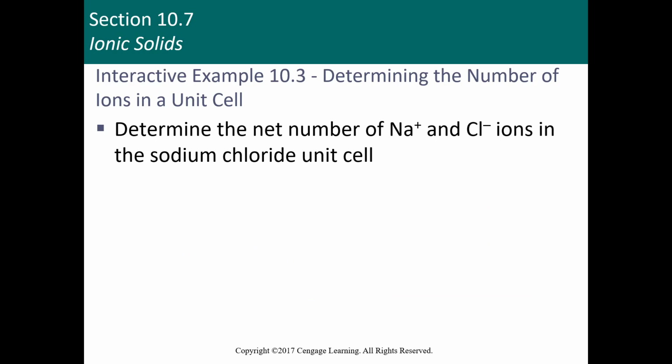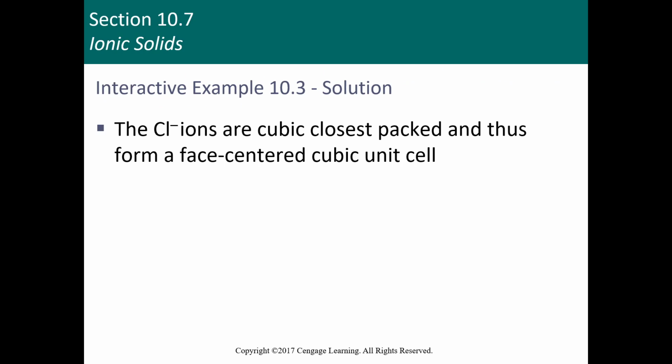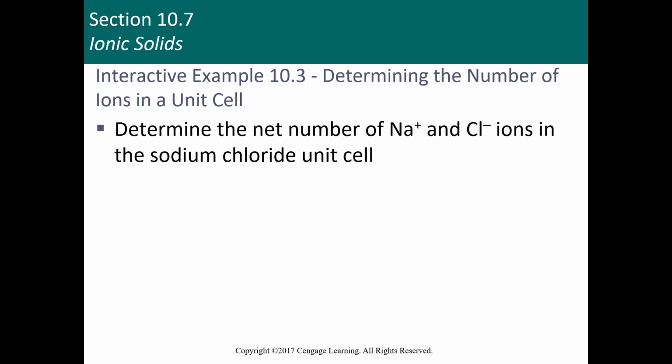Determine the net number of sodium and chloride ions in the sodium chloride unit cell. So the chloride ions are going to be the cubic closest packed and thus form a face-centered cubic unit cell. That's going to be your face-centered cubic unit cell.